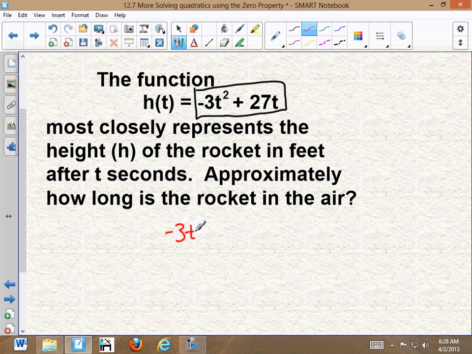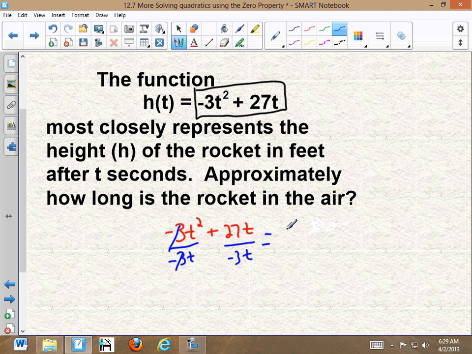Negative 3t squared plus 27t. Is there anything I can take out of here? Yeah, I can take out a negative 3, and I can take out a t. Remember, your leading coefficient has to be positive. So if I divide both of these by negative 3t, this becomes positive 1, right?